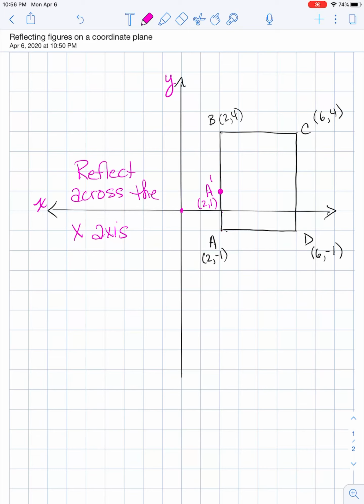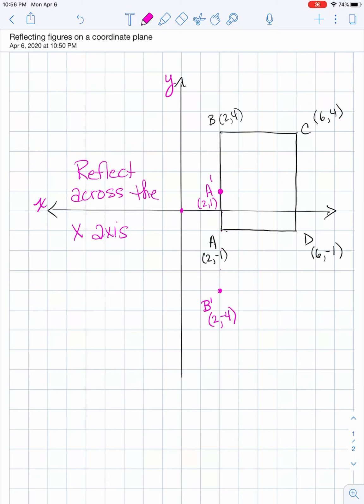So 1, 2, 3, 4, and this is going to be point B prime. And you see that the coordinates are 2, -4. So again, we see that when you reflect over the x-axis, the x-coordinate stays the same, the absolute value of the y-coordinate stays the same, but the sign changes.